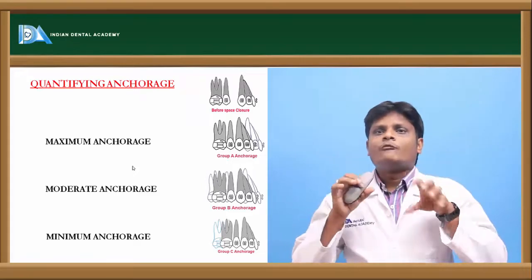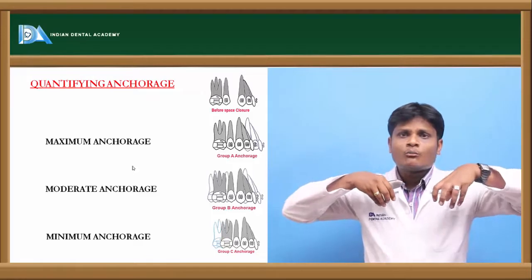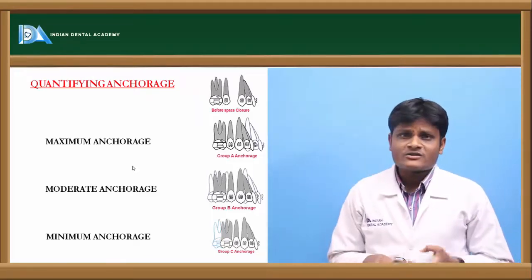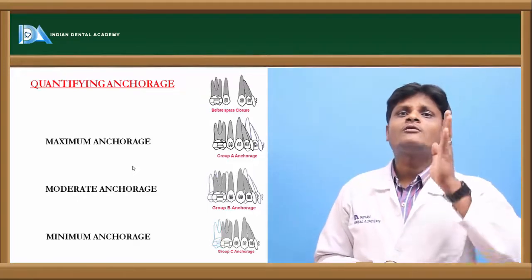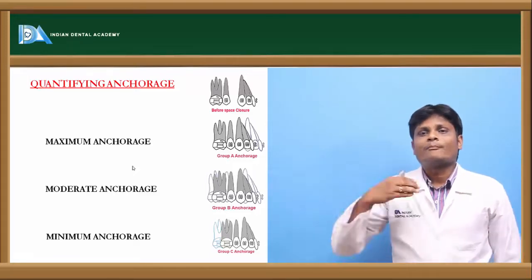That means we should not allow the anchorage units to move into the extraction space. Even if we allow the anchorage units to move into the extraction space, it should be very minimum of only 1/4 of the extraction space. This type of anchorage is called as maximum anchorage.